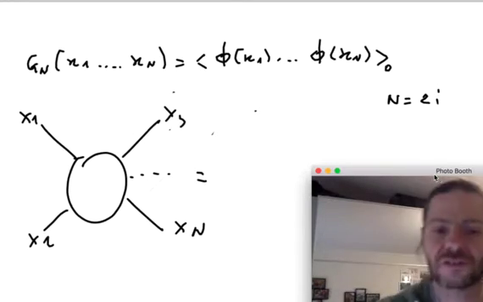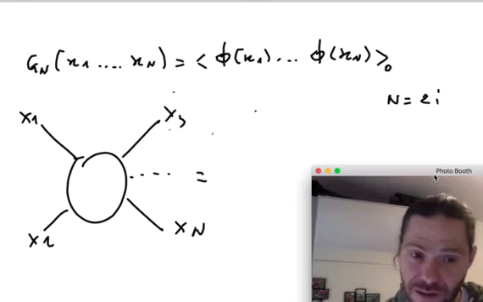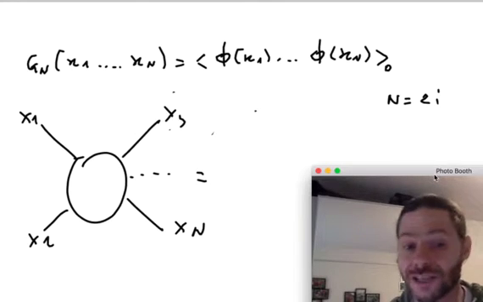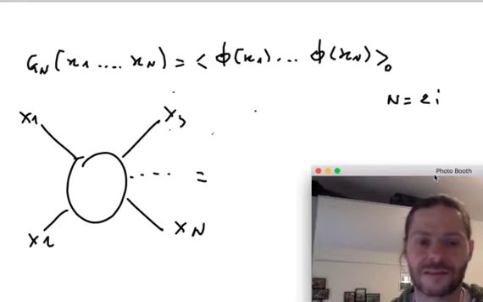Now, since the correlation function of a Gaussian Hamiltonian, or a quadratic Hamiltonian, is 0 for an odd number of points, so for 3, 1, 5, 7 fields, and is non-zero only for an even number of fields, you can always connect the points of a non-trivial correlation function with lines.